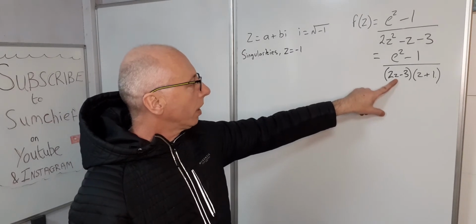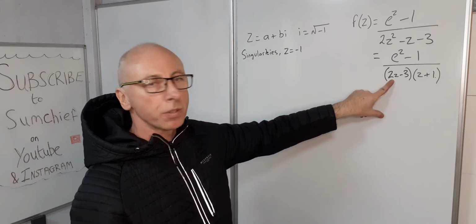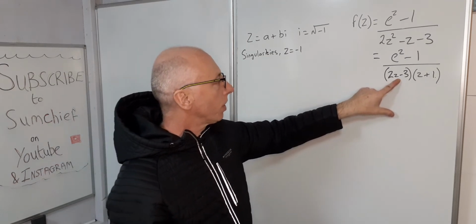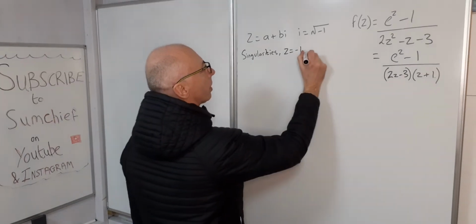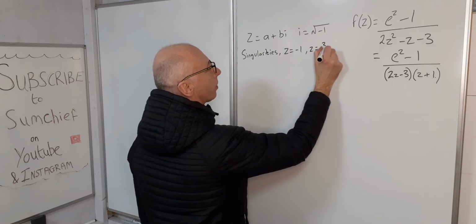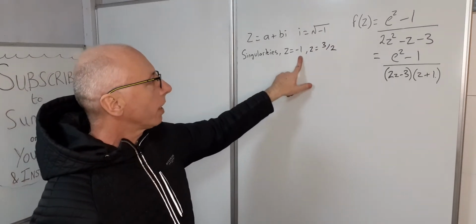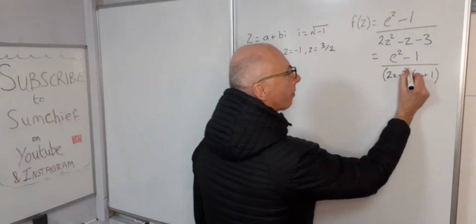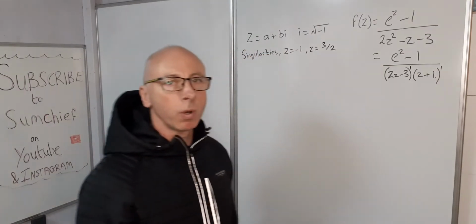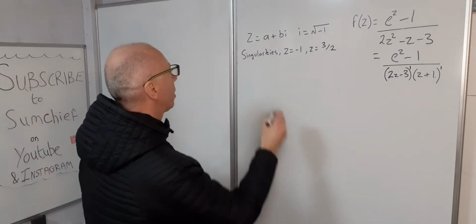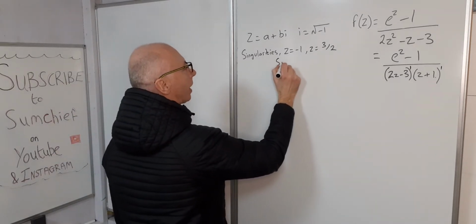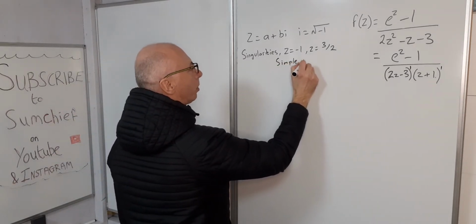And for this one here, z will be 3 over 2, since 2 times 3 over 2 is 3, and 3 minus 3 is 0. So z equals 3 over 2. Okay, and then what we can say is that these are all to the power of 1, so there's an imaginary 1 there. These are simple poles. So let's just write that down: these are simple poles.